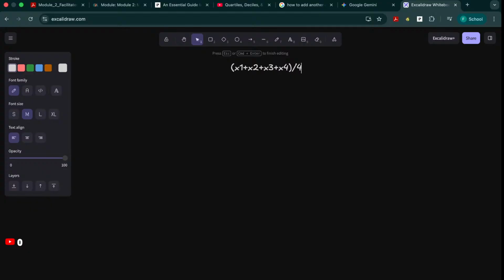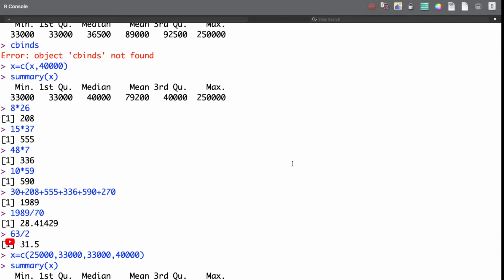That is how you are able to get your mean. Mean is written x bar. Here I can't write it. So that is how you do it. By using summary, we have been able to get the mean.